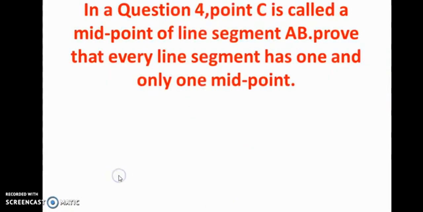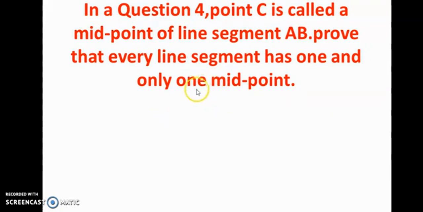Yes, here it is. In question 4, point C is called a midpoint of line segment AB. Prove that every line segment has one and only one midpoint. Here, we have to prove that every line segment has only one midpoint.